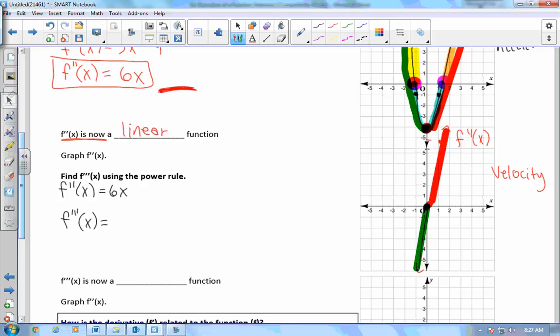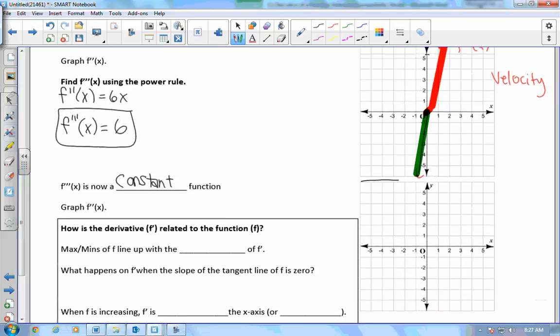Ethan, what's the f triple prime of x equal to? Great. And what type of function is f triple prime of x equals 6? It is a line. It's a constant function through f equals 6.